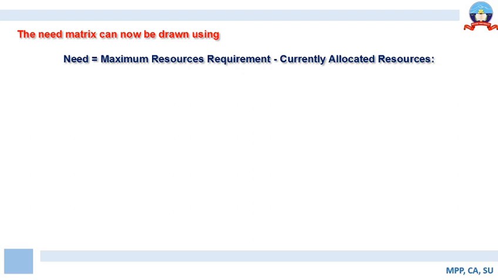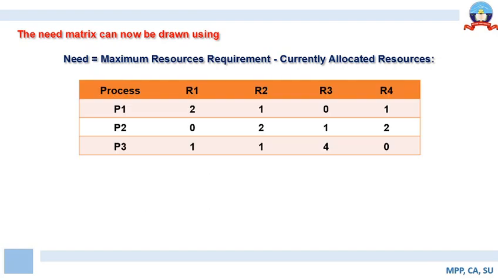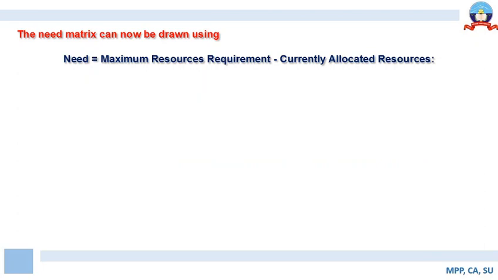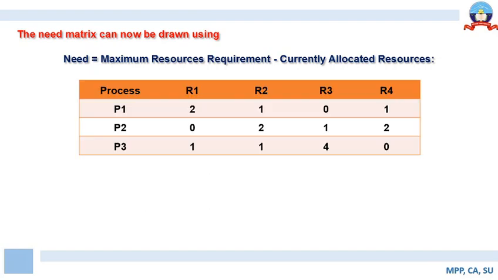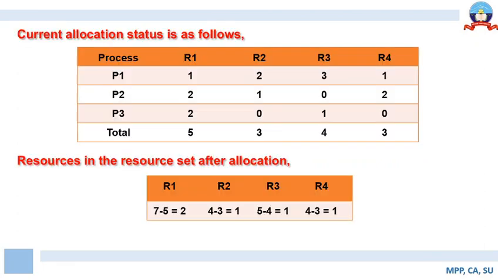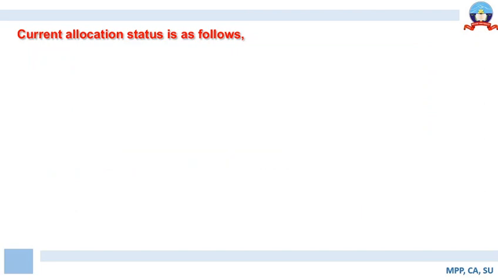As we have already learned, need is equal to maximum minus the current allocation. So we have the need determined. Need for P1 is 2, 1, 0, 1, need for P2 is 0, 2, 1, 2, need for P3 is 1, 1, 4, 0. This is determined after subtracting the current allocation from the maximum resource requirement.